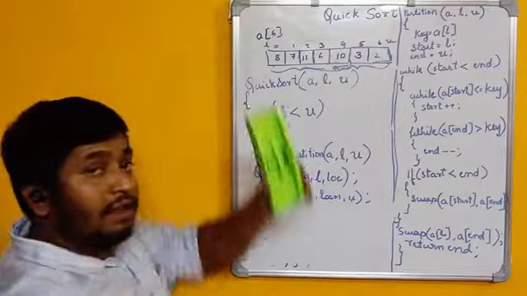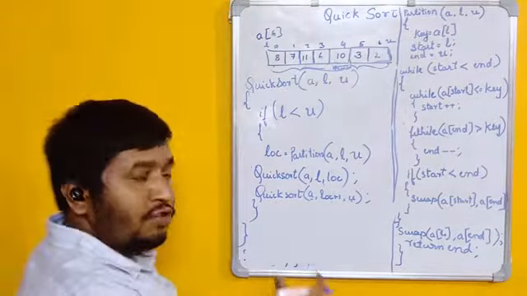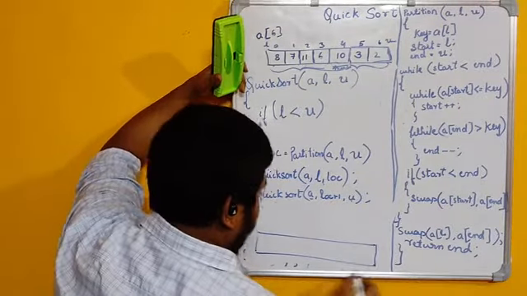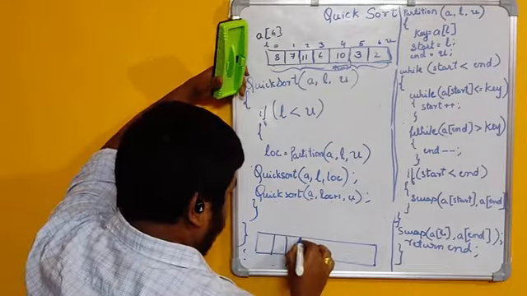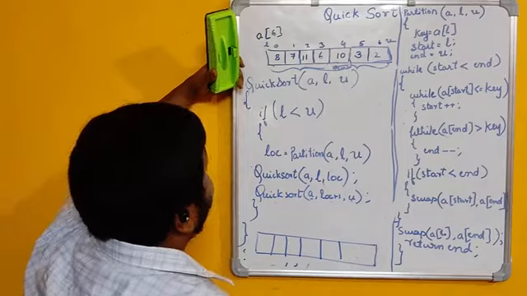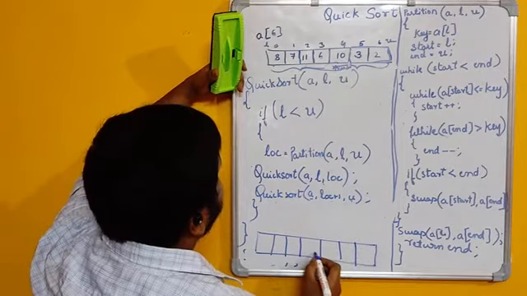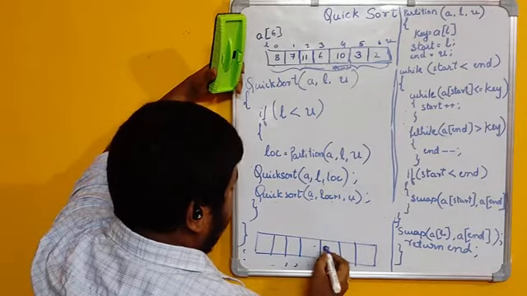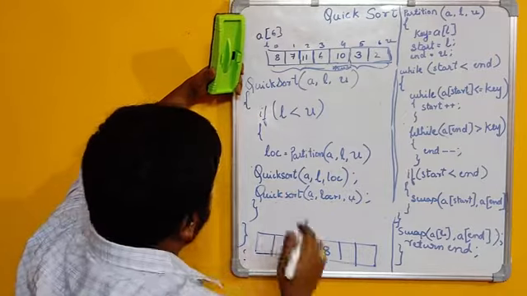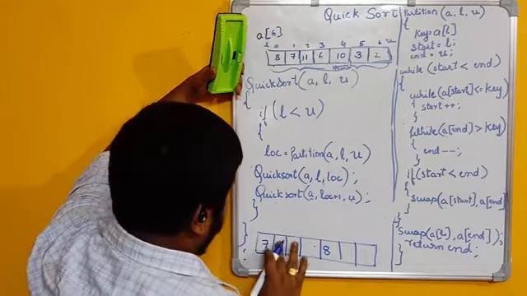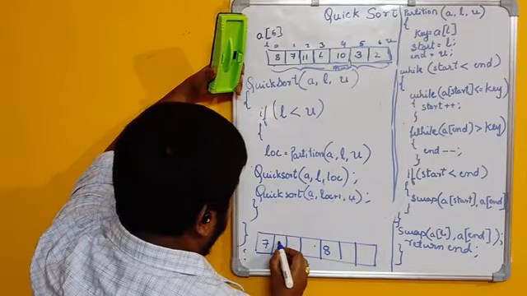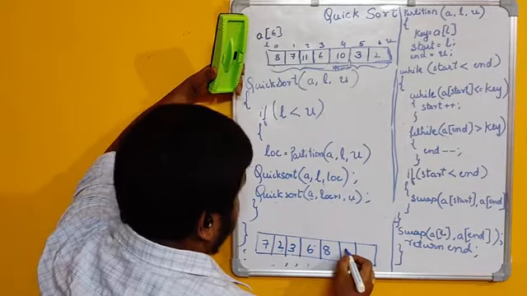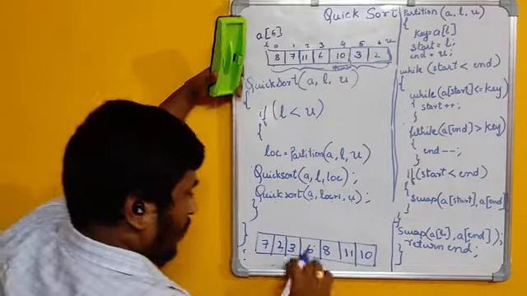This is one array, which we just saw in the last step. Let me show it. In the last step, 8 was our key element and the rest were 11, 7, 2, 3, 6, and 11, 10, something like this was our array.